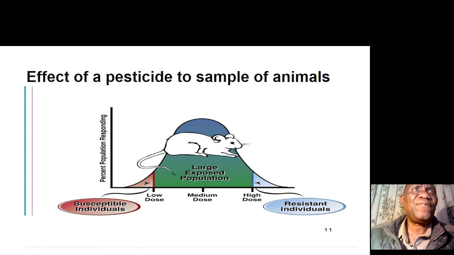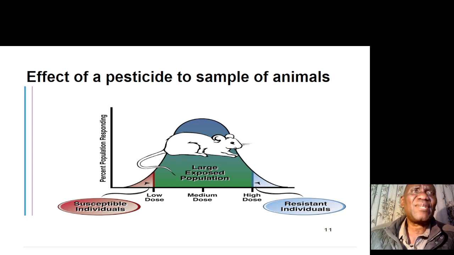Now this graph explains what can happen to a group of animals if you subject them to a pesticide. Within a group of animals, there are some animals, depending on their genetic makeup, that can easily die at very low concentrations.